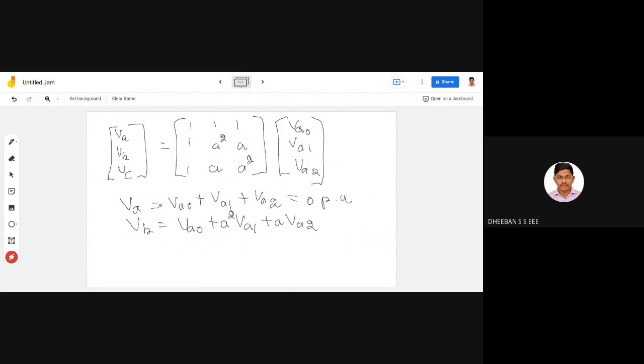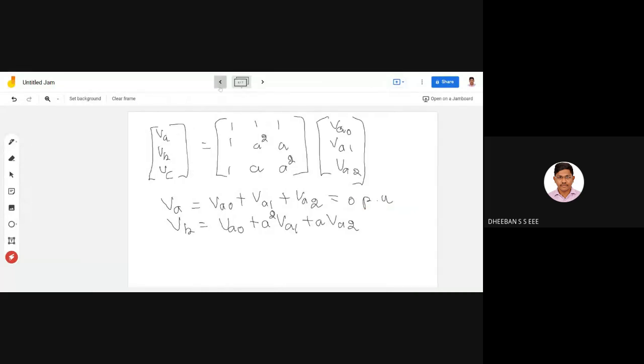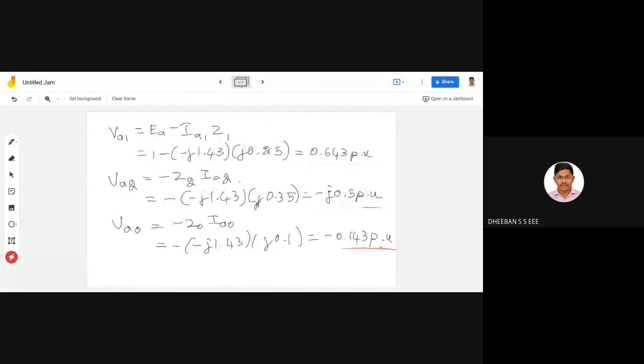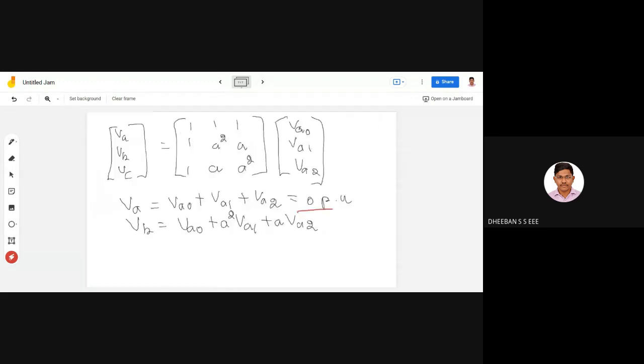VA will be VA0 plus VA1 plus VA2, and from this you'll be getting 0. How will you get 0? You have to add all the values. If you add this value and this value, you'll be getting somewhere around minus j0.643, and here it is plus j0.643. So you'll be ending up at 0 per unit. Okay, and after this, you'll be coming for your VB again.